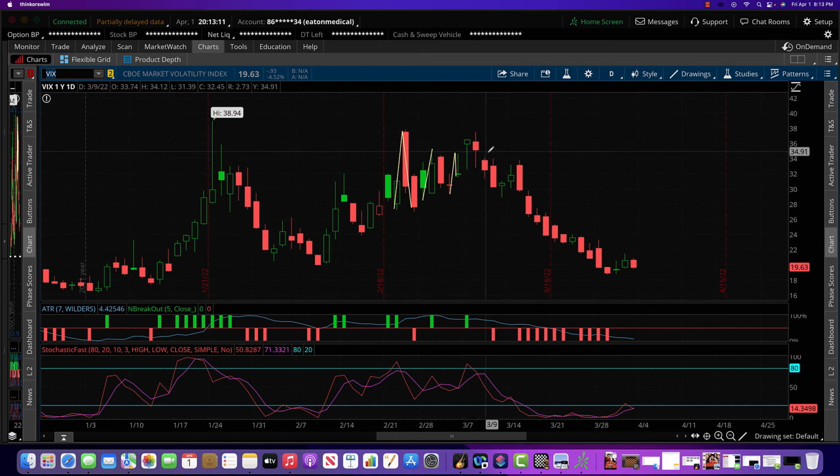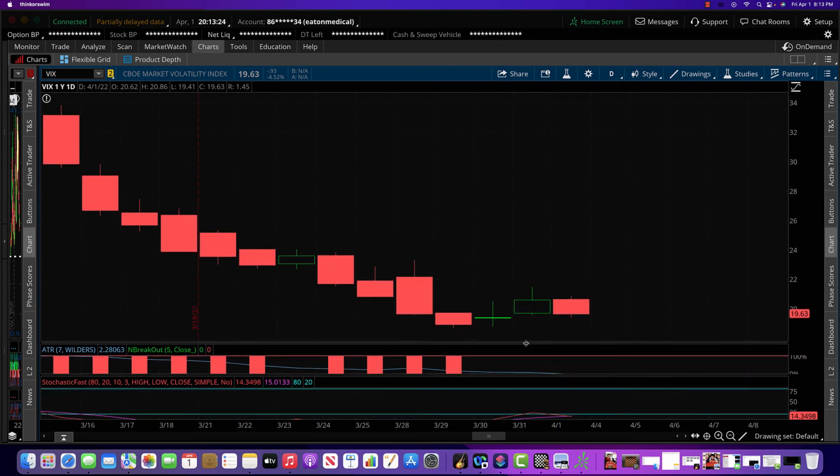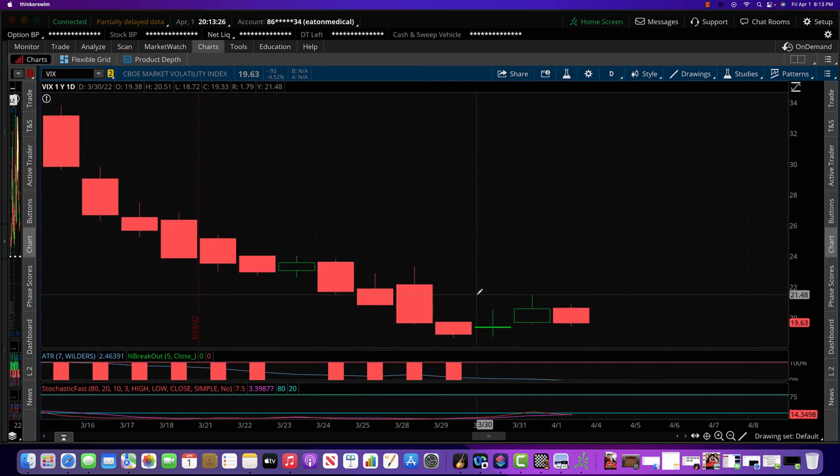The VIX shot up, and now every day it's been trending down back towards the lows. And we expect volatility to continue lower until otherwise. See, you haven't closed above 21 yet.